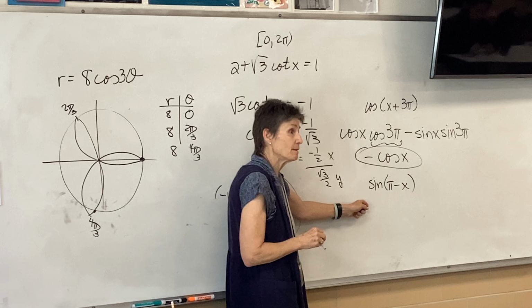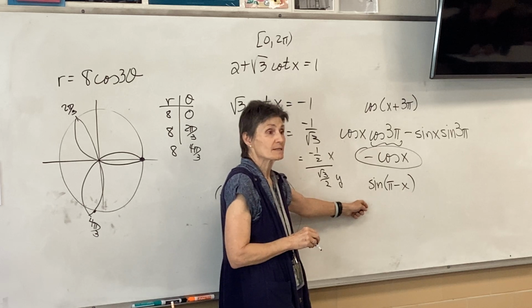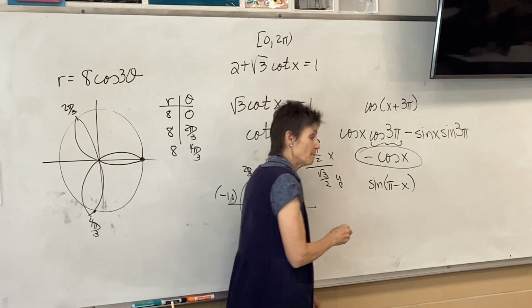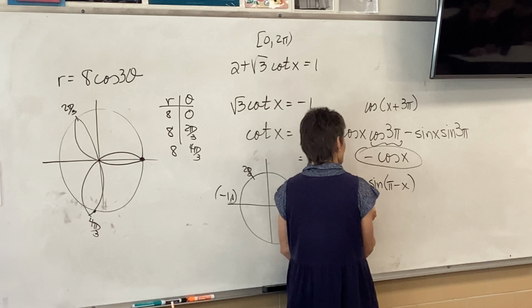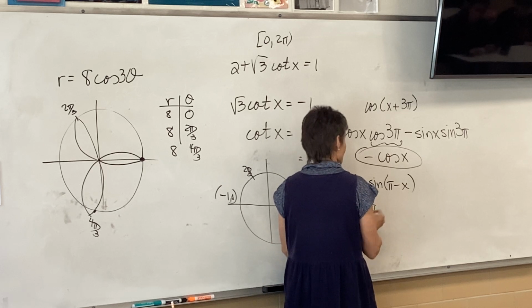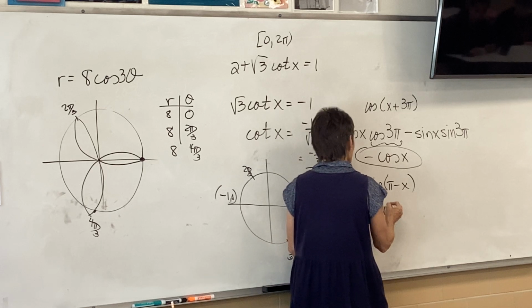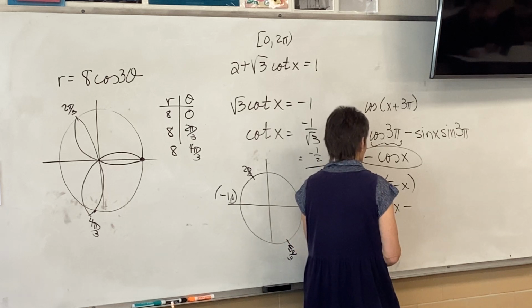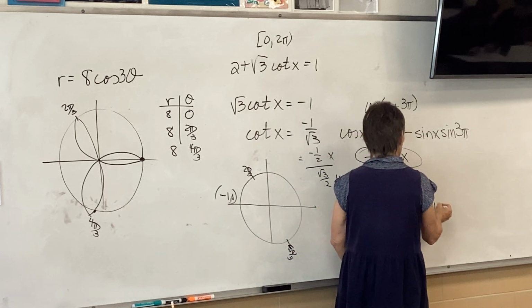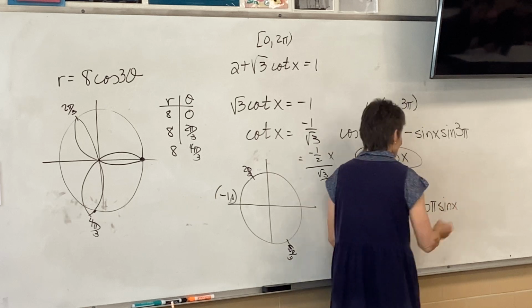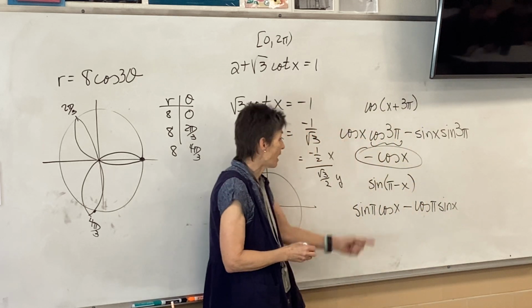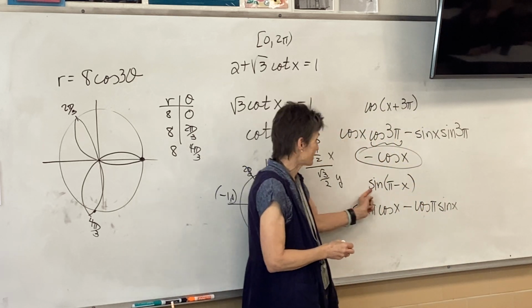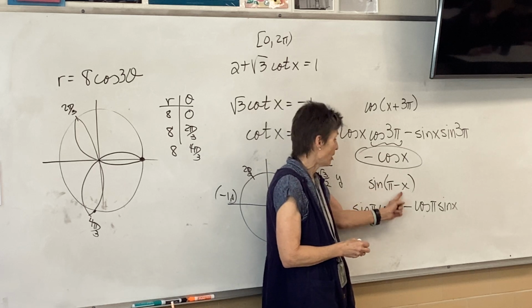Get to do it again, but this is a sine. Anybody want to give me that one? Sine pi, cosine x, minus cosine pi, sine x. Yep, that's it exactly. Remember, in the sine formulas, the signs are the same.